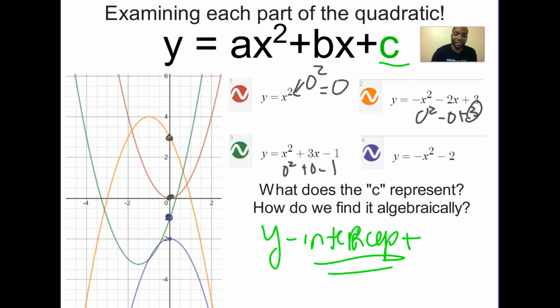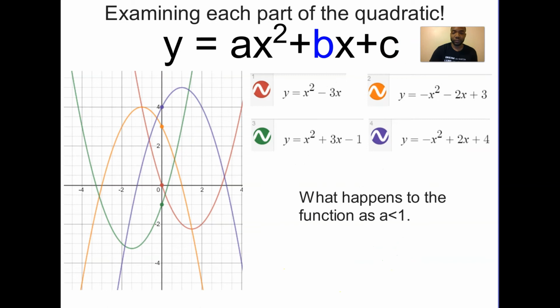That's the y-intercept right there. And if I say 0 squared minus 2 times 0, minus 2, I get -2. So I find the y-intercept when x is 0. Let x equal 0. All right, keep it moving.